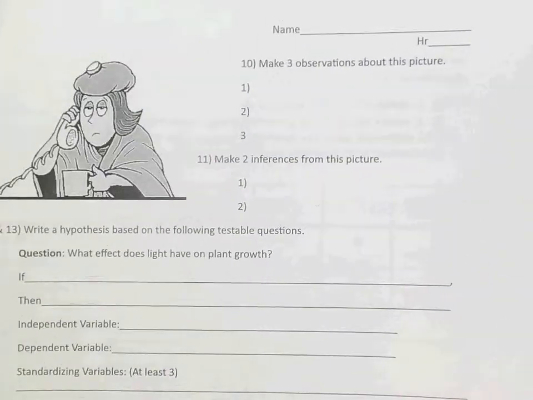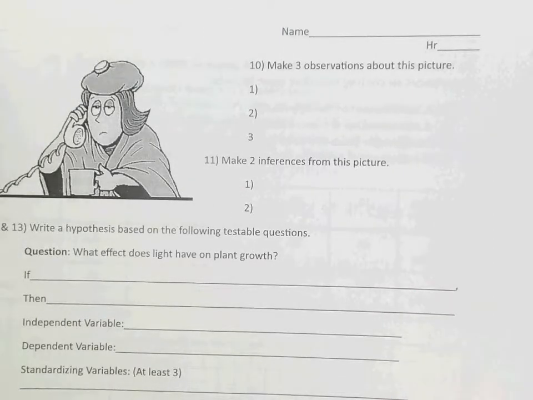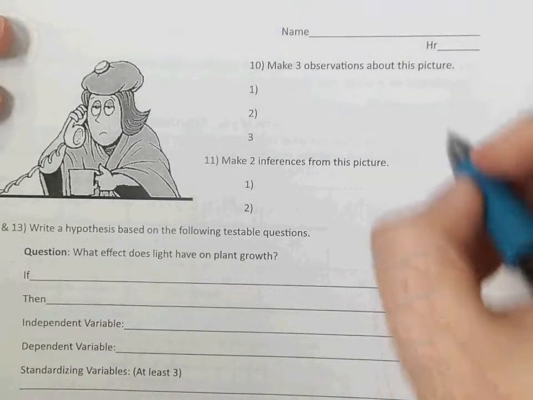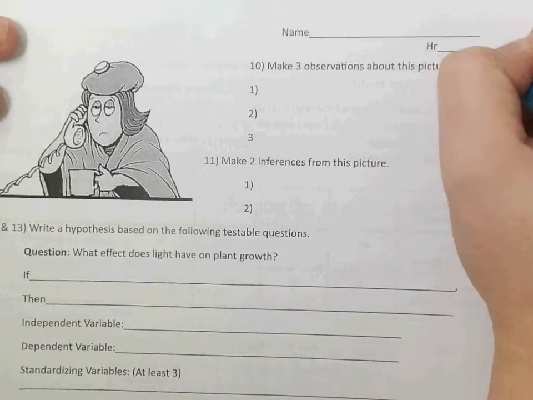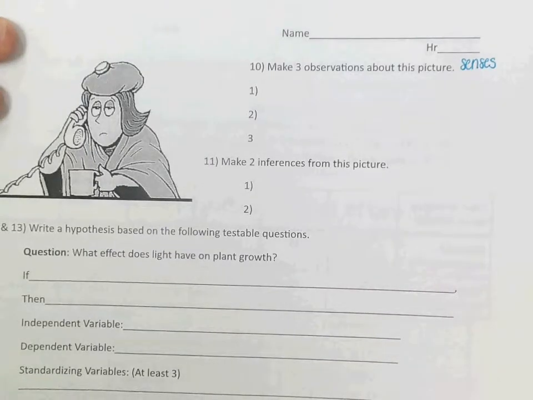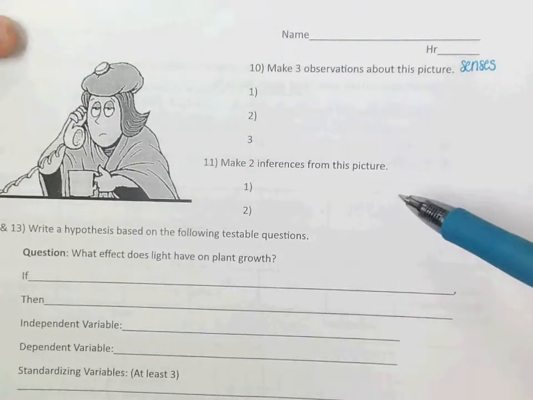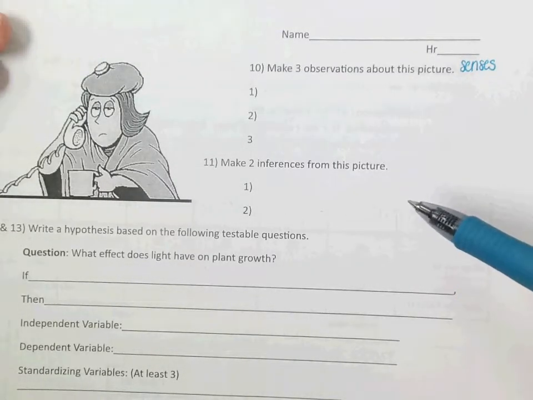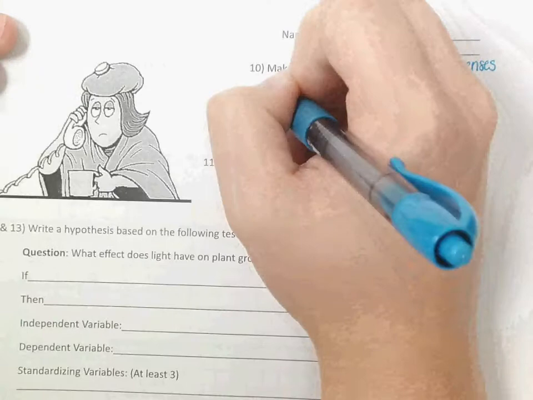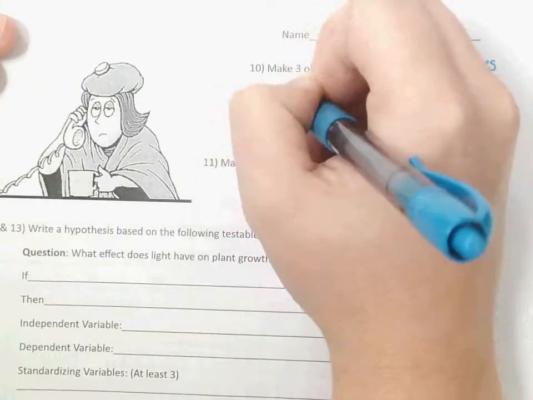Okay, so now we're on to observations and inferences. So remember, our observations are facts. These are things where we use our senses, so things that we can see, smell, taste, touch, and hear. So there's a lot of different observations. I'm just going to list 3. So one observation would be that she has an ice pack on her head.